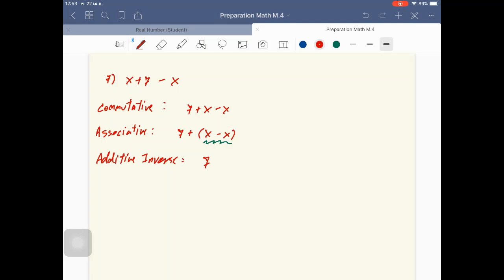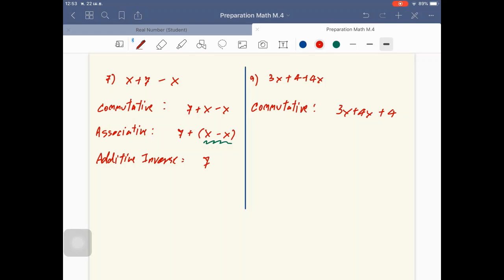Next one, question 9. You start with 3x plus 4 plus 4x. Begin with commutative again, to be 3x plus 4x plus 4.